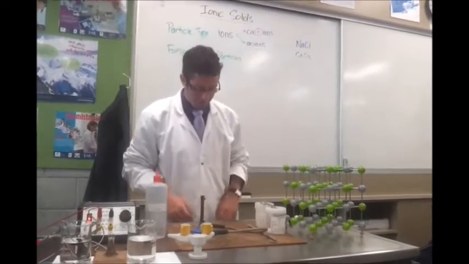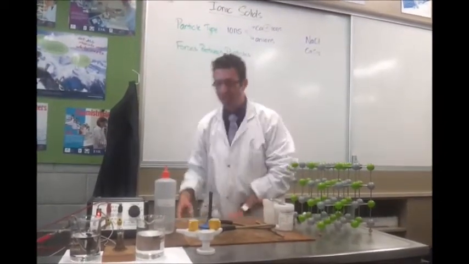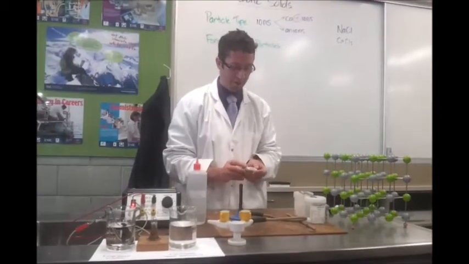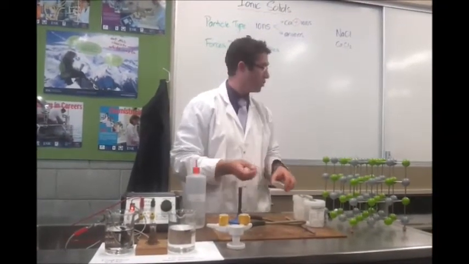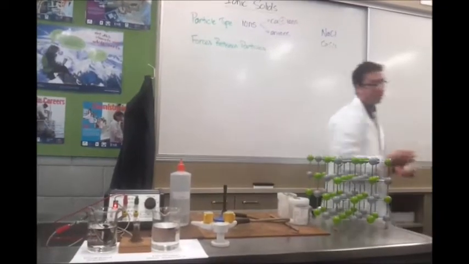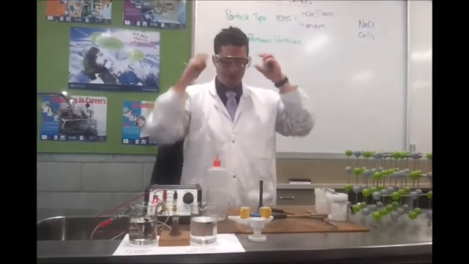So for example, what I'm going to try now is to actually try to melt it. But to give you a bit of a compare and contrast, I'm going to melt some sugar first, which is a molecular solid. So it isn't made up of ions at all.